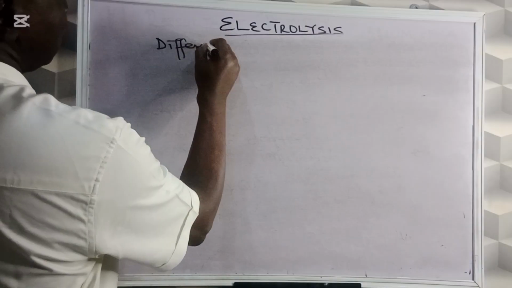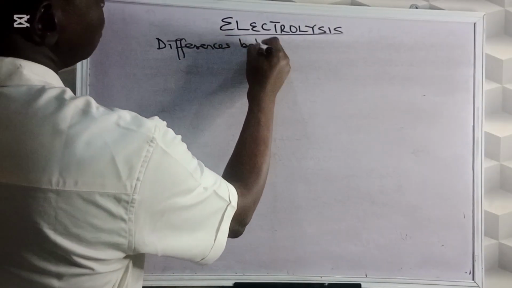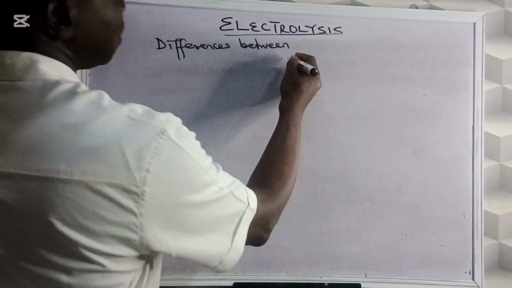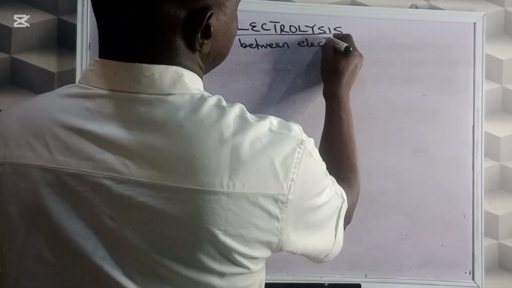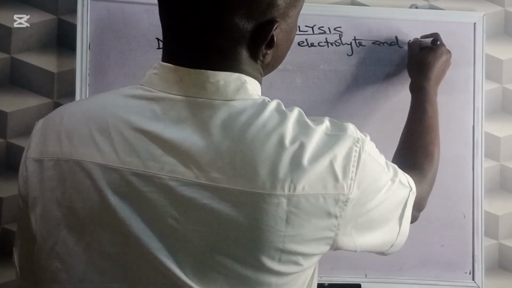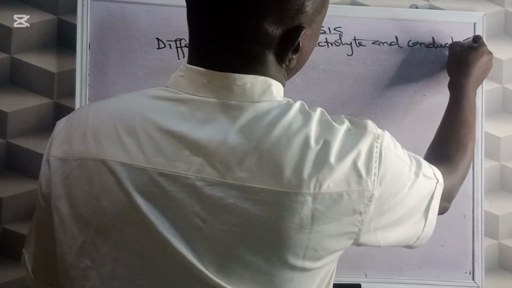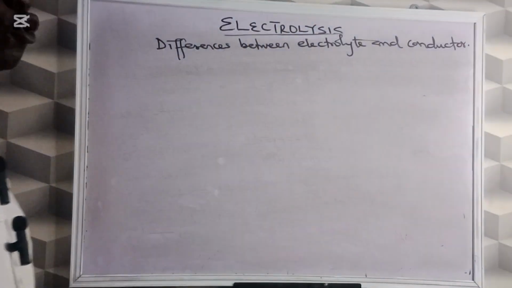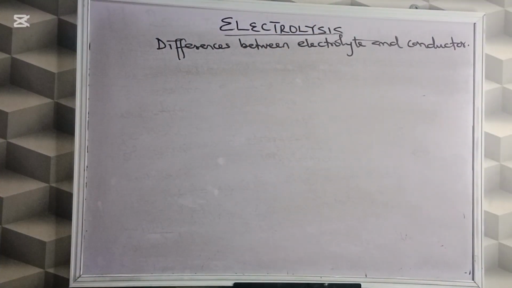Differences between electrolyte and conductor. We have conductor, we have non-conductor or insulator, we have electrolyte, we have non-electrolyte.